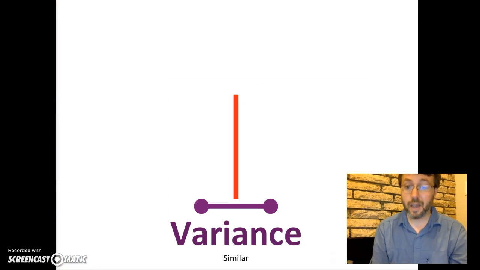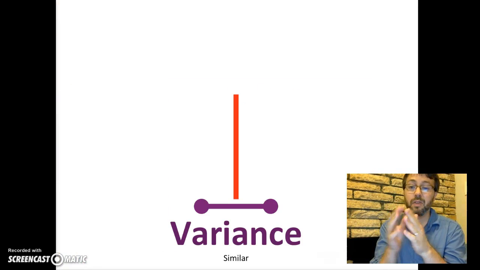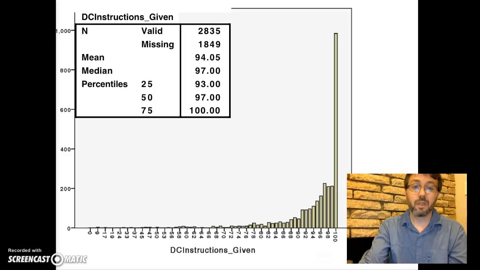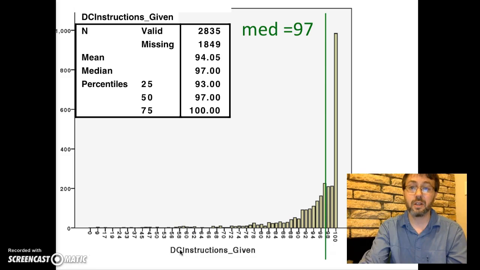Now let's take a look at a small amount of variance, when the measures around the central point are quite similar. So this again is the histogram looking at the proportion of facilities who give discharge instructions to patients. We can see from these data that the median value is 97, which is also equivalent to the 50th percentile. So here's the median value plotted on the graph.